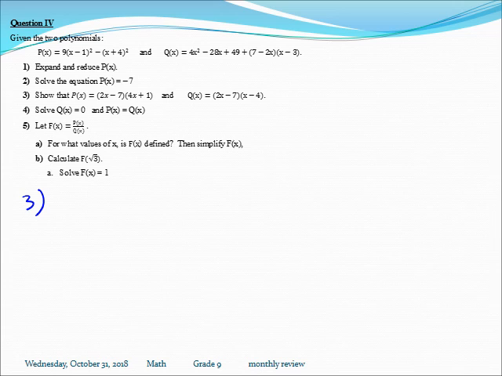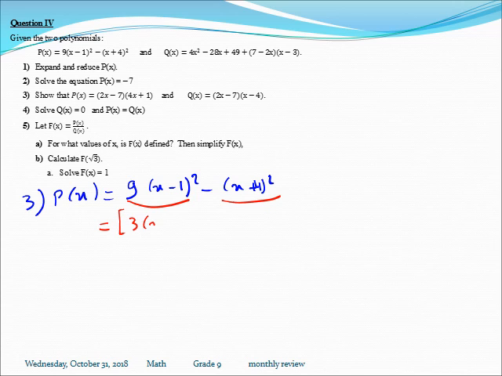Number 3. Show that P of x equals 2x minus 7 times 4x plus 1. Factorize P of x: 3x minus 1 squared minus x plus 4 squared. It is in the form a squared minus b squared, which equals a minus b times a plus b.